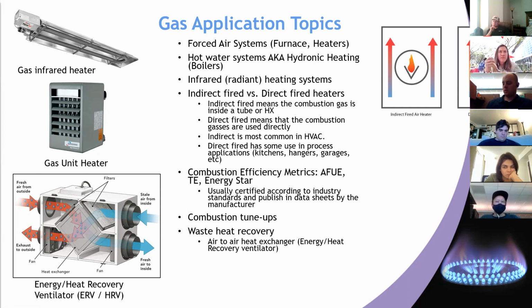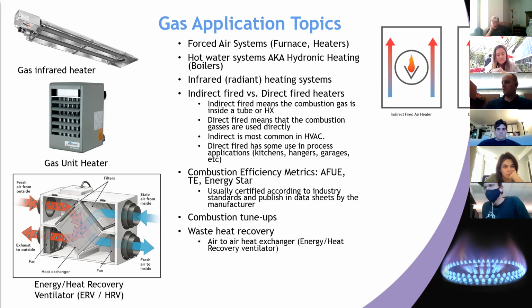Furnaces are fairly common to see in smaller buildings. When we get into larger buildings, a lot of the time we'll see a hot water system, which can also be referred to as a hydronic heating system. And this is basically a boiler that is heating water in a loop, and that water is the heating medium that distributes that heat to the rest of the building.